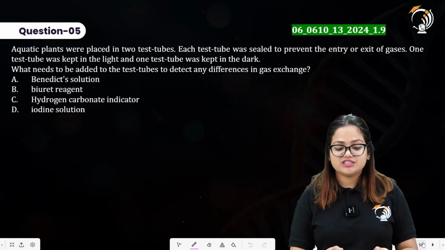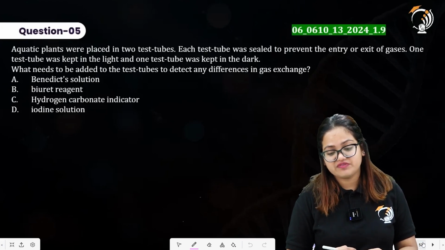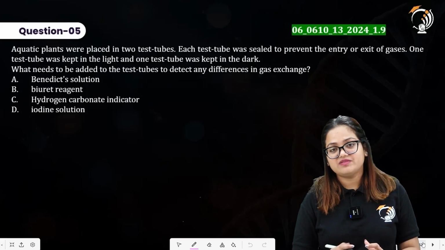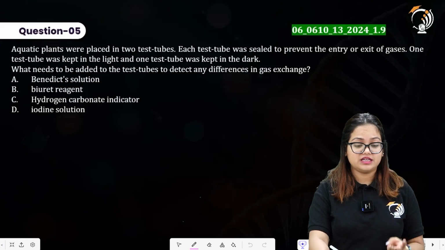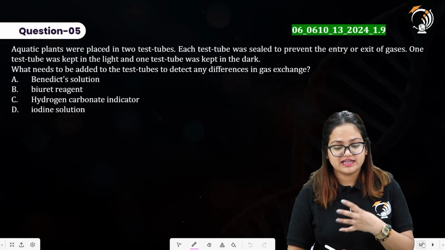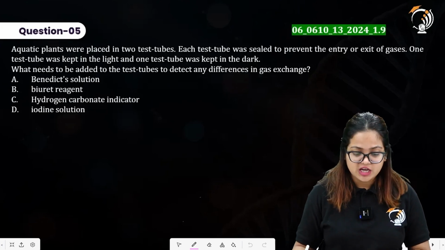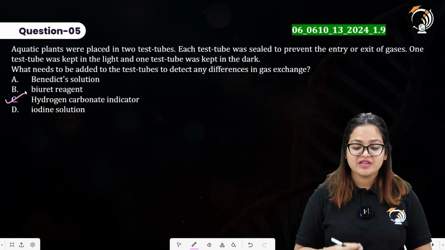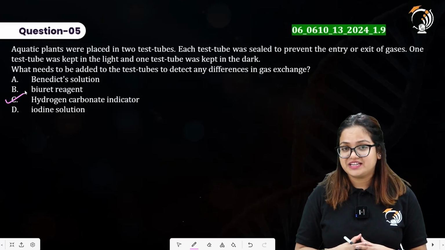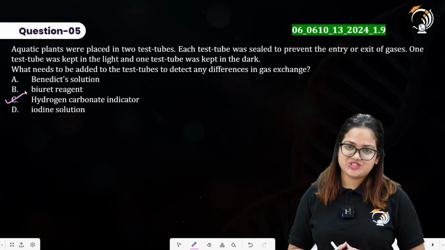So what needs to be added to detect any differences in the gas exchange? Since we have discussed that neither the Benedict solution, nor the biuret reagent, nor the iodine solution is capable of detecting gas exchange differences, we will simply mark option C, the hydrogen carbonate indicator, which is used to detect the difference in gas exchange here.